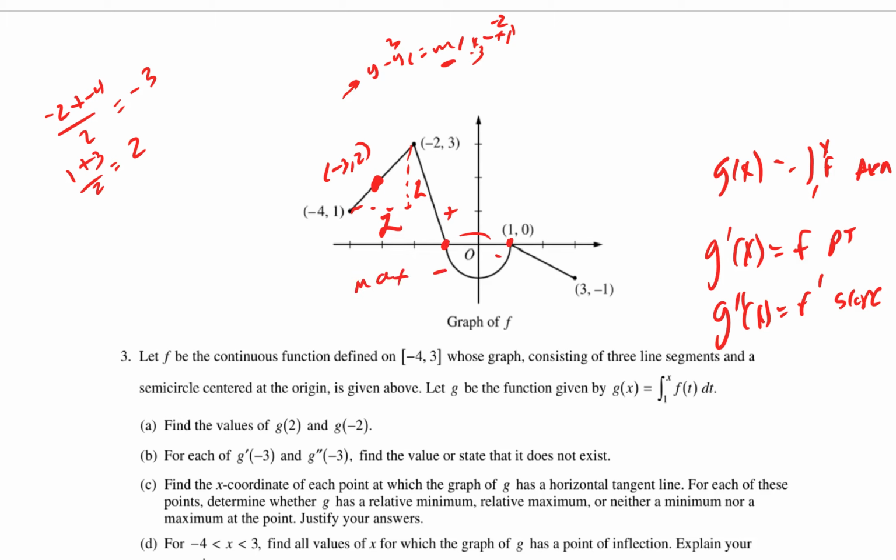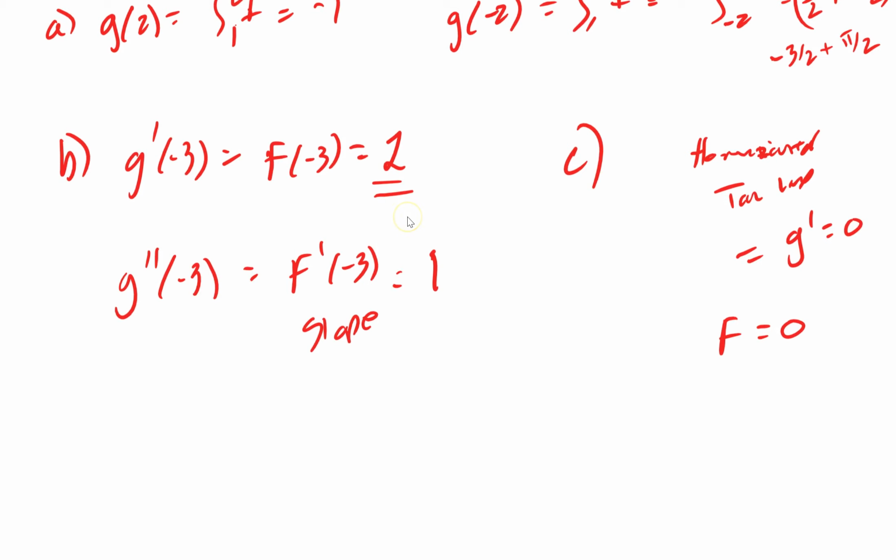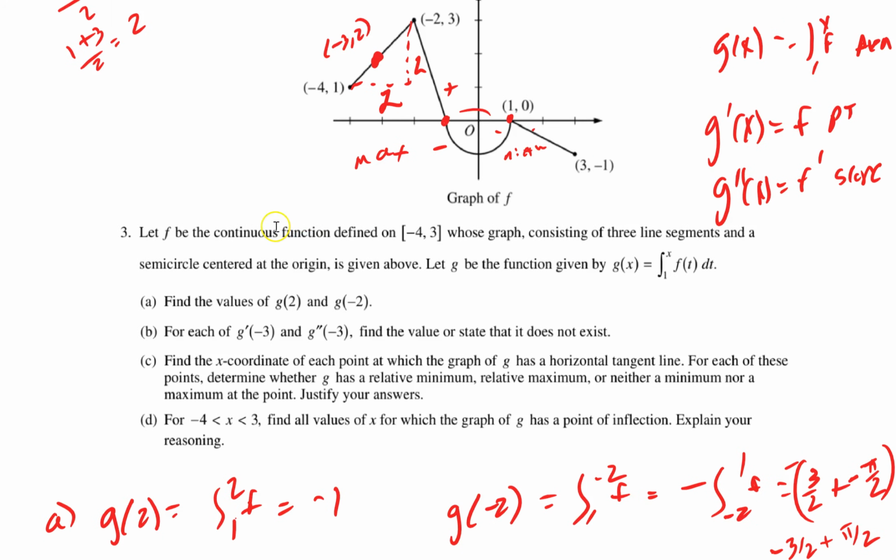This goes from negative to negative, so that's neither, it doesn't change signs. So that's what I got. At x equals negative 1, it's a max, and you have to say because it goes from positive to negative. And at x equals 1, it's neither, because it goes from negative to negative. So that's C. One last one.